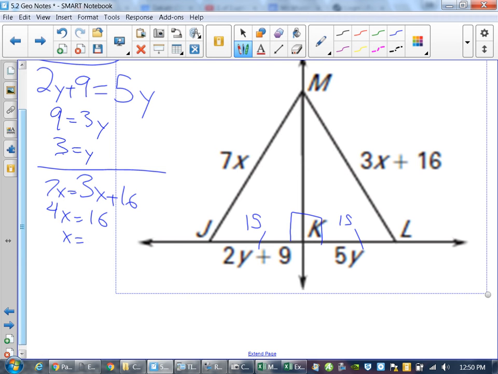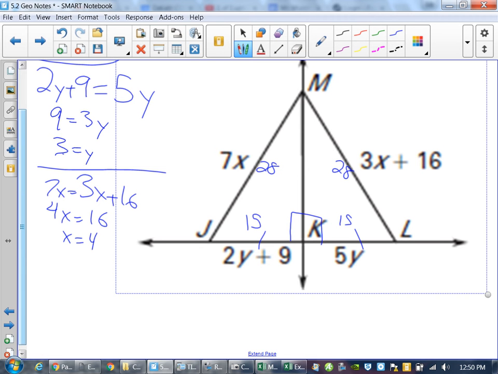Divide. And double check it. Make sure it works. 7 times 4 is 28. 4 times 3 is 12. 12 and 16 is also 28. There you go. It is that quick.